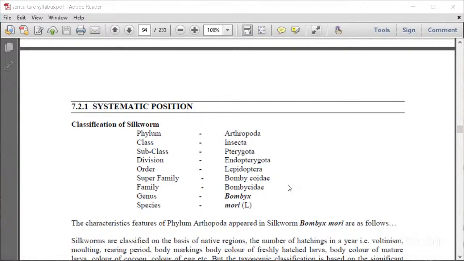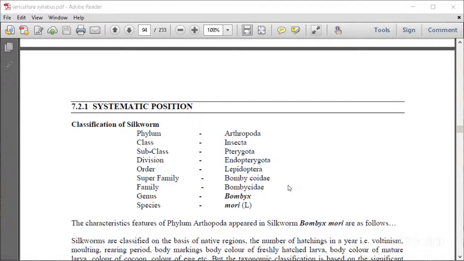The Bombycoidea consist of 8 families, of which Bombycidae includes the economically important insects which produce natural silk of commercial value. The mulberry silkworm comes under the family Bombycidae.